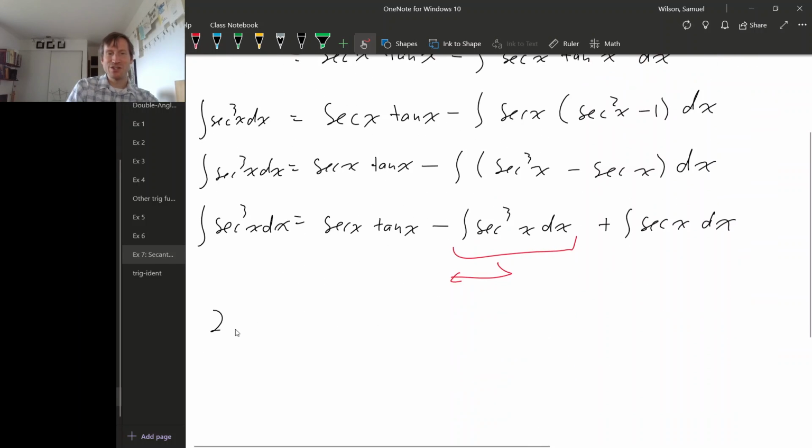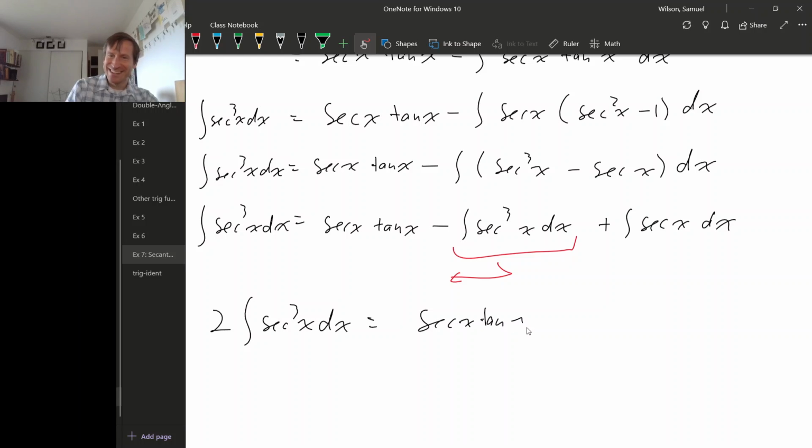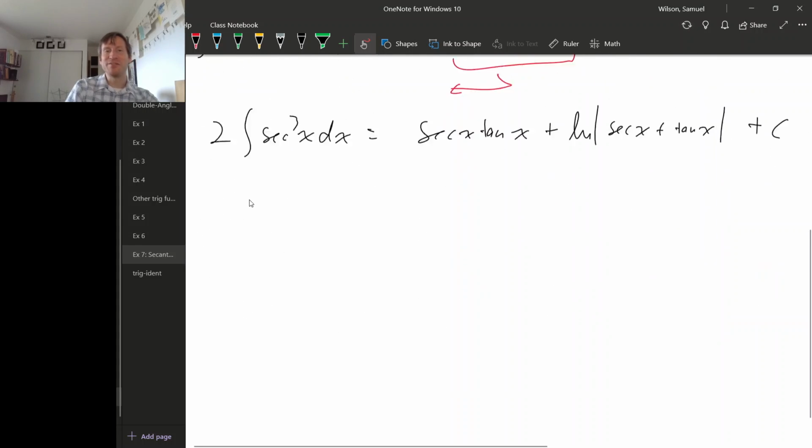We get 2 times the integral of secant cubed x dx is secant x tangent x plus the integral of secant x, which is natural log absolute value secant x plus tangent x, plus a constant, and then finally divide by 2.